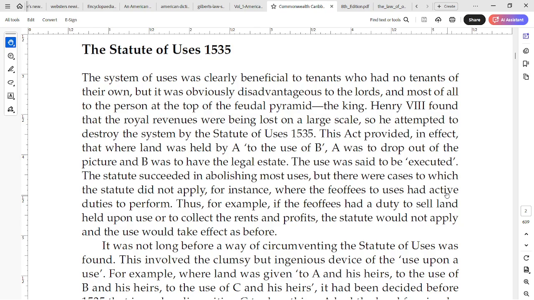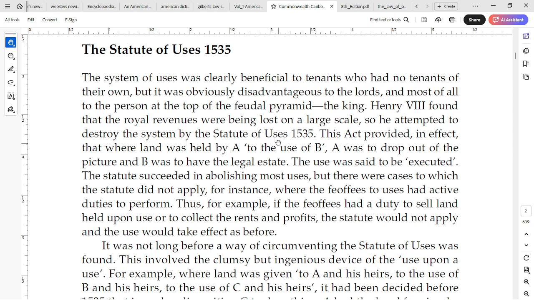So you have passive trust, where the trustee or the fee will just hold the property and have no duties. And then you have active trust, where the trustees would hold the property and have duties to perform. Thus, for example, if the trustees had a duty to sell land held upon use or to collect the rents and profits, the statute would not apply and the use would take effect as before.